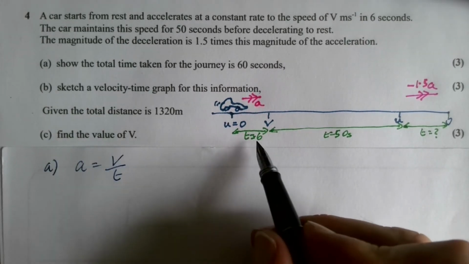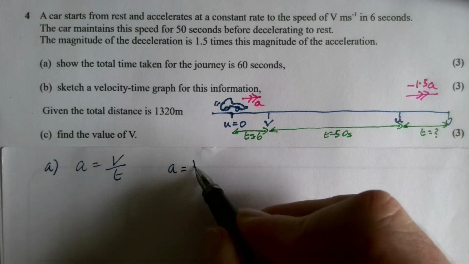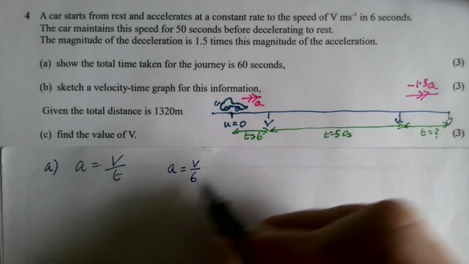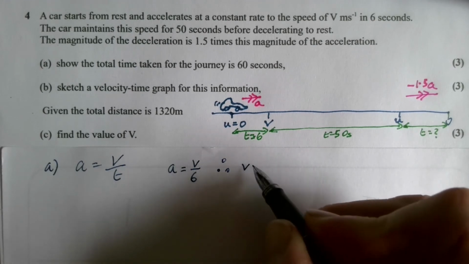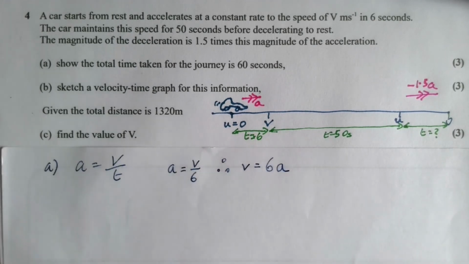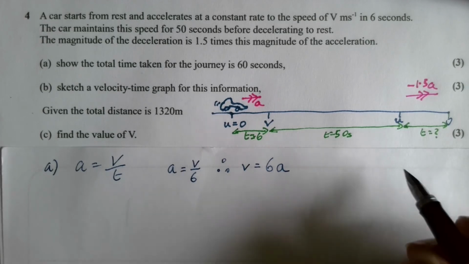So let's do it for both these situations. For this situation here, our acceleration is equal to the velocity divided by 6. And therefore, we can say that the velocity is equal to 6a.